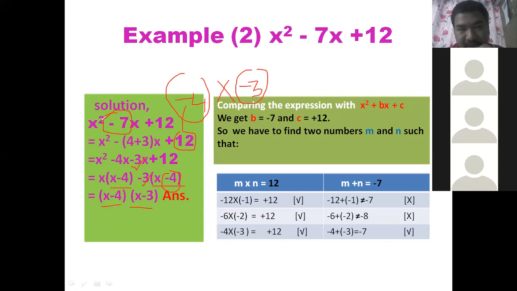Okay, their sum should come minus 7 and their product should come plus 12. Okay, children, are you clear? Yes, sir.